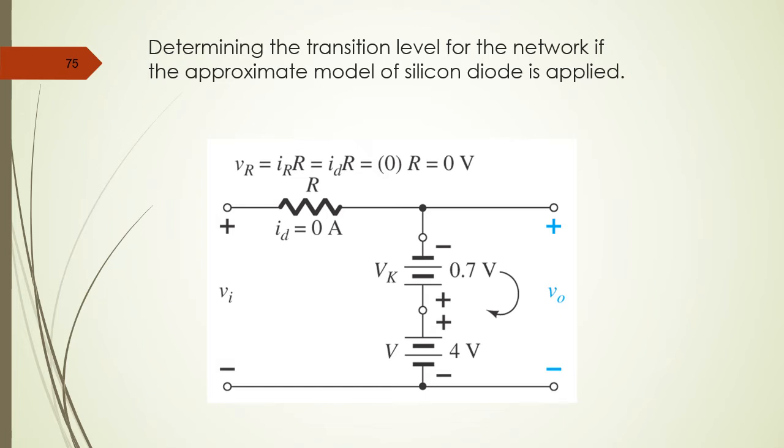What happens if we introduce the approximate model of the silicon diode?